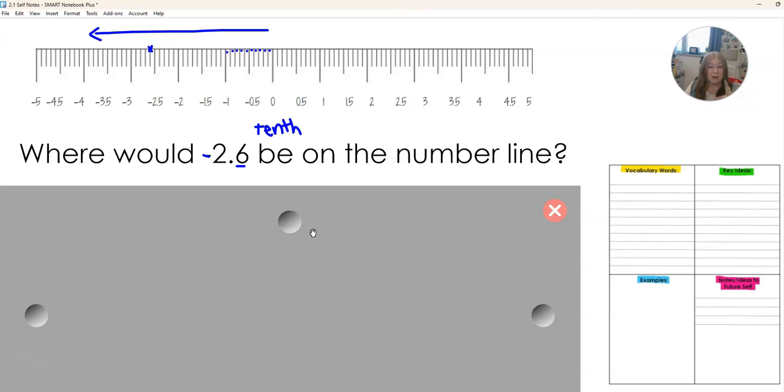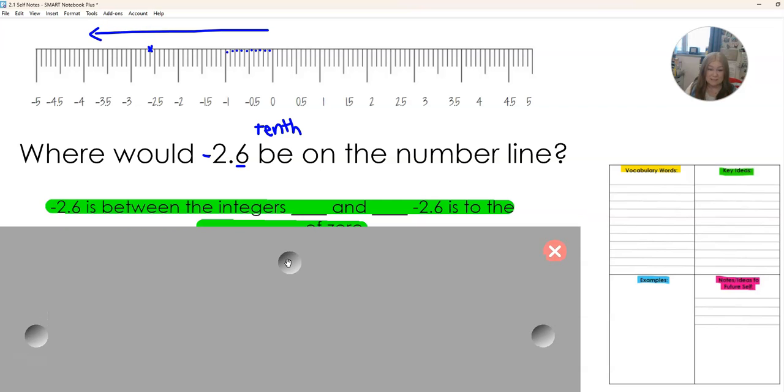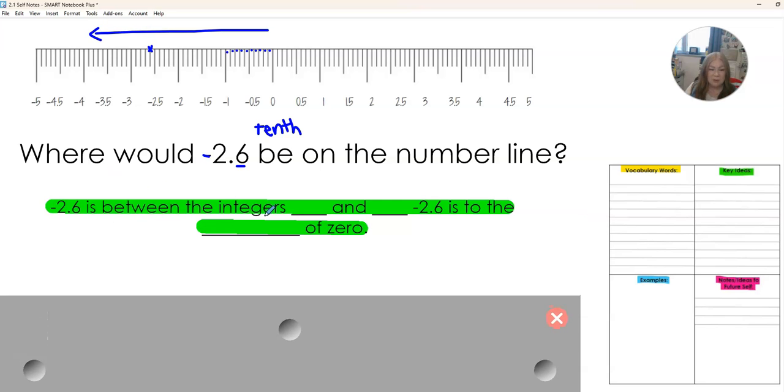Now we're going to make a little statement. What do we know about negative 2.6? So negative 2.6 is between the integers blank and blank. So integers are whole numbers. So if I'm looking forward, my closest whole number is negative 2. And if I'm going backwards more, my closest whole number is negative 3. So it is between negative 2 and negative 3.